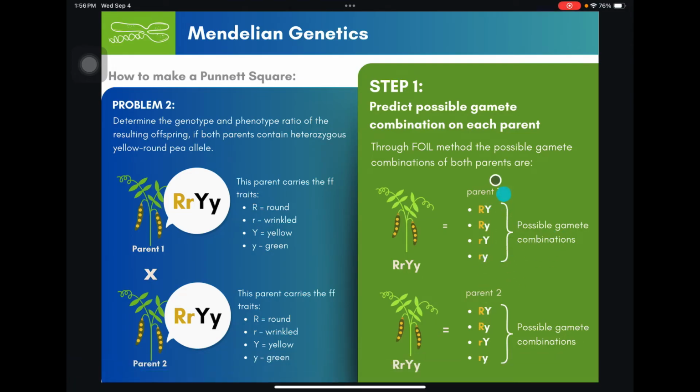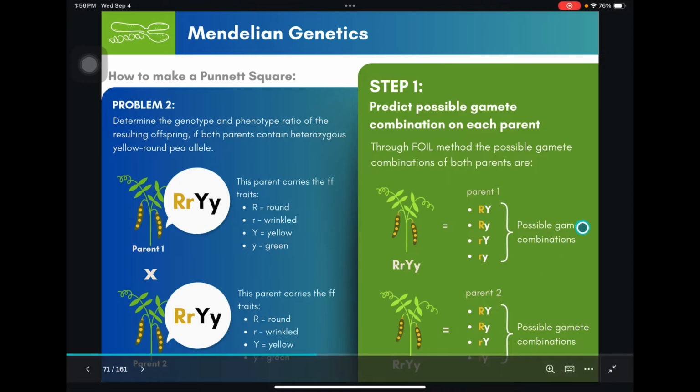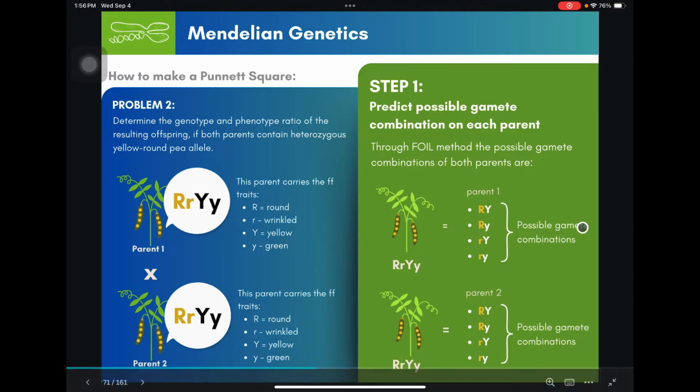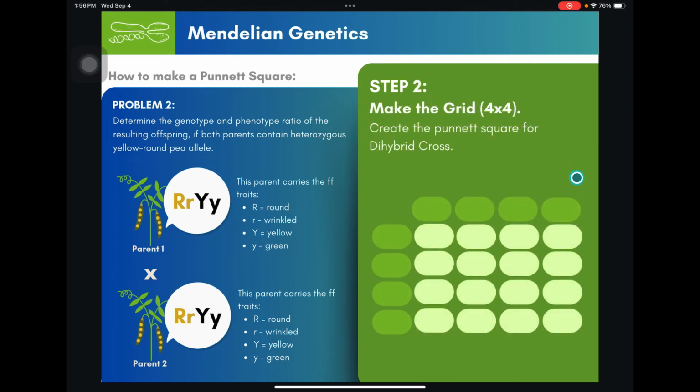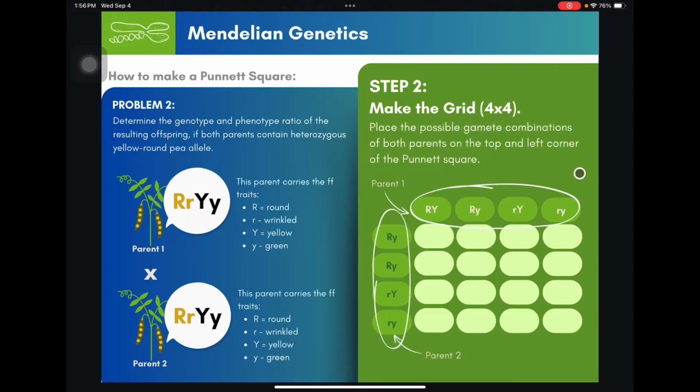Now you'll have to take these possible gamete combinations and put them in our Punnett square, just like the monohybrid cross. You will have to input these possible gamete combinations on the top and left corner.